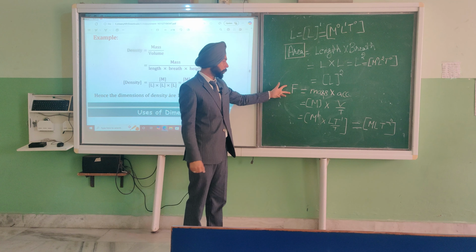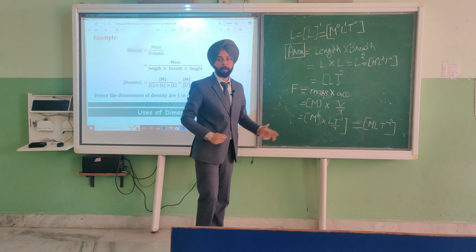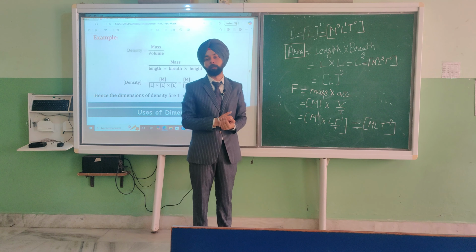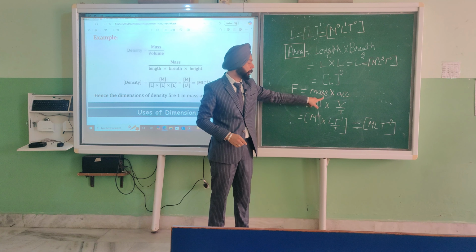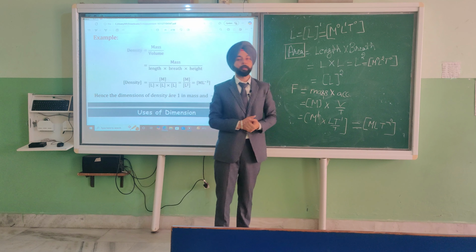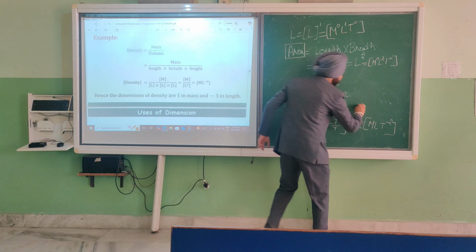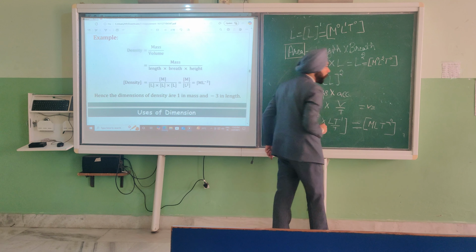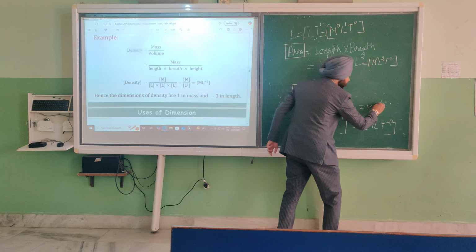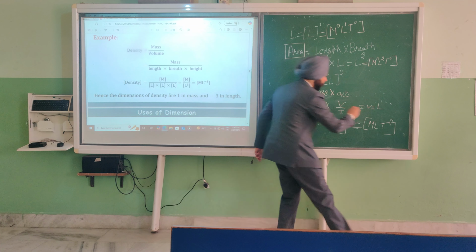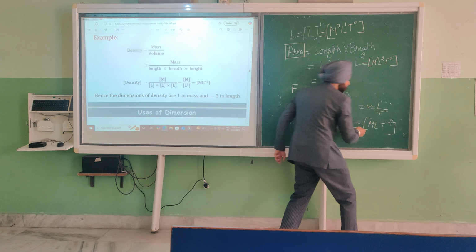Now it is the advanced formula. Force is equal to mass into acceleration, where mass has power 1 and acceleration is velocity per unit time. Now what is the dimensional formula of velocity? Velocity is displacement, which we measure in length, per unit time.